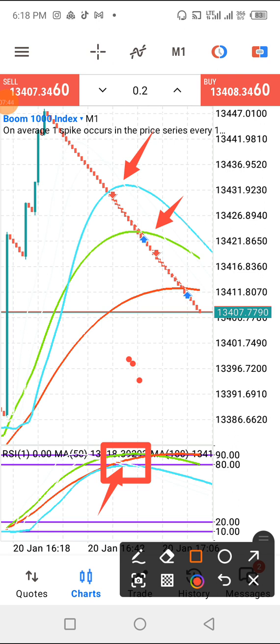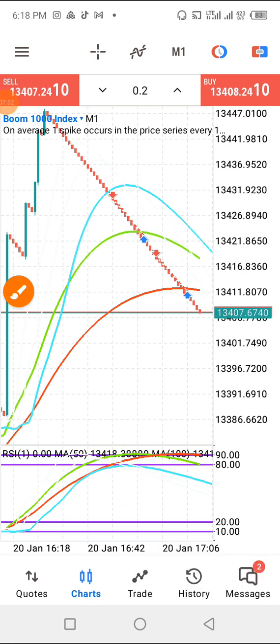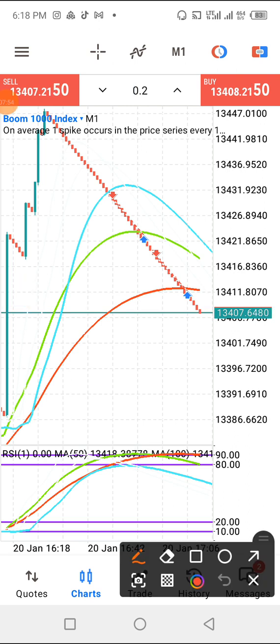Now, that is for the scalping method. The second method, whereby you can use it to hold a long trade, is this: you will notice that in window one, which is this first window, the red and the green line have crossed each other already. So you wait for that same condition to be met on the main chart.